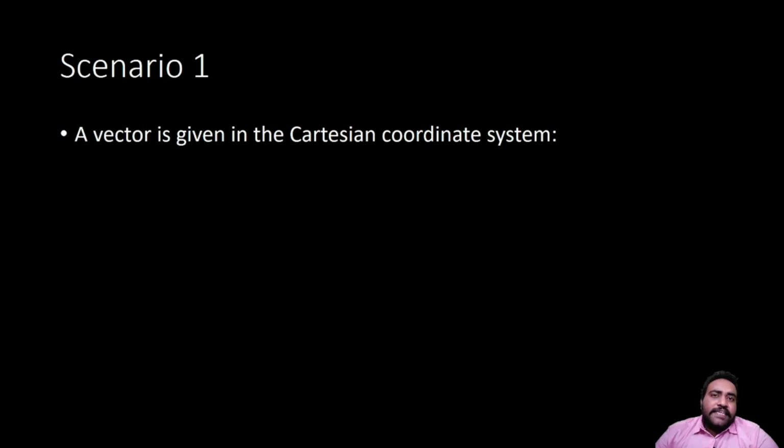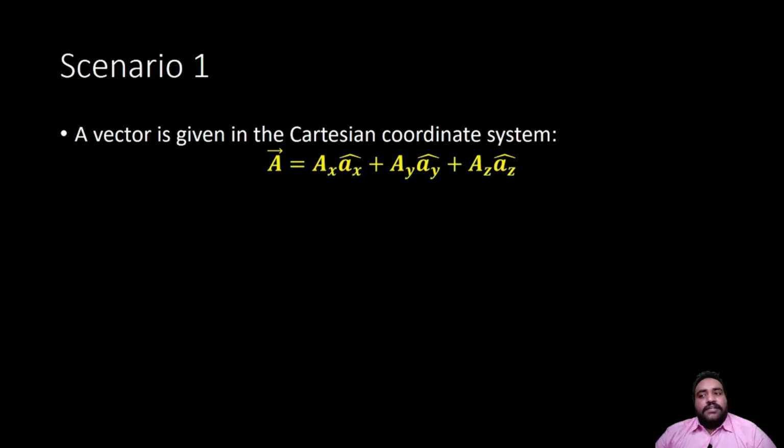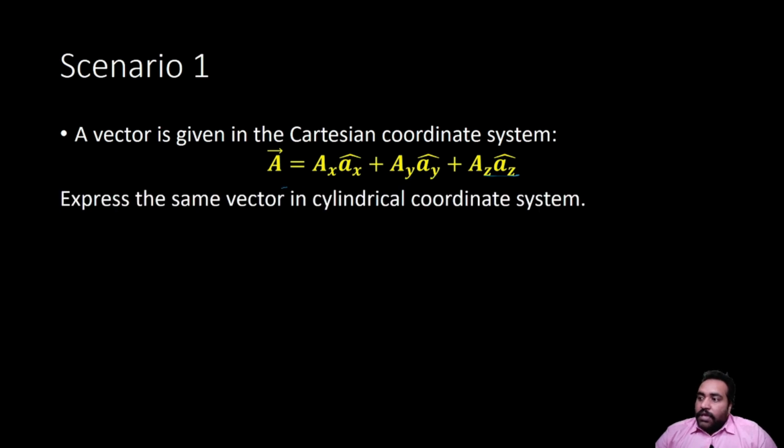Now, consider a scenario where a vector is given to you in a Cartesian coordinate system. A vector decomposed in a Cartesian coordinate system would look like this. Now, you are asked to express the same vector in a cylindrical coordinate system.